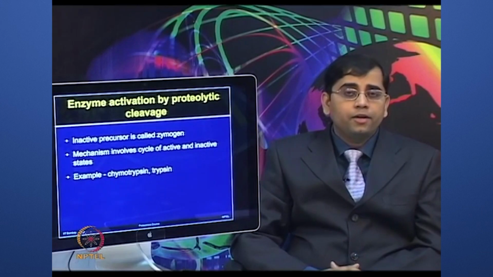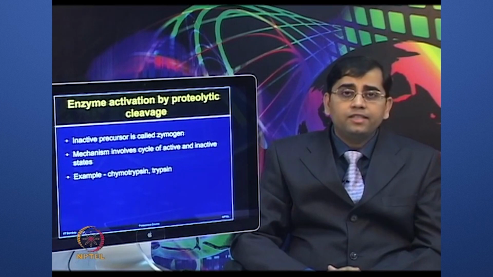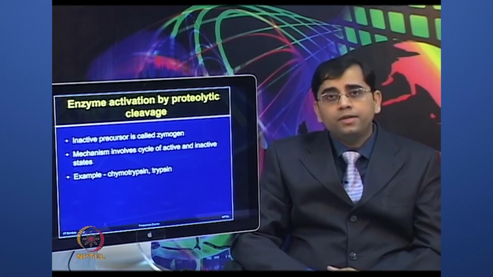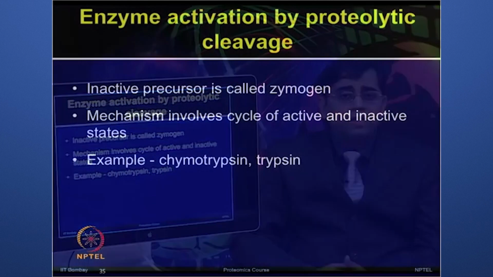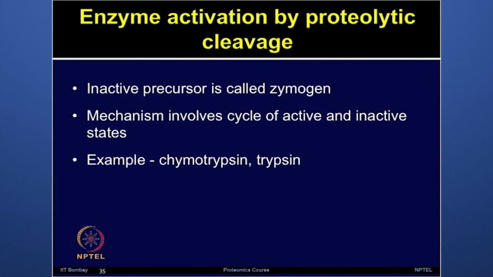Now, the last regulatory strategy is enzyme activation by proteolytic cleavage. So, enzymes can be controlled by this mechanism, which cycles between active and inactive states. The inactive state, which is the precursor, is known as a zymogen or proenzyme.